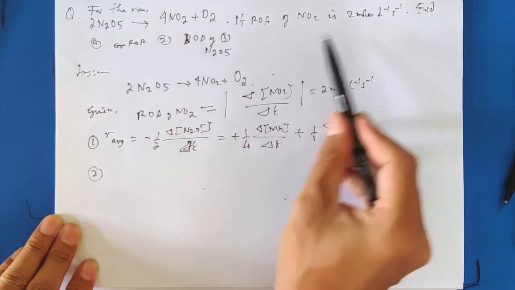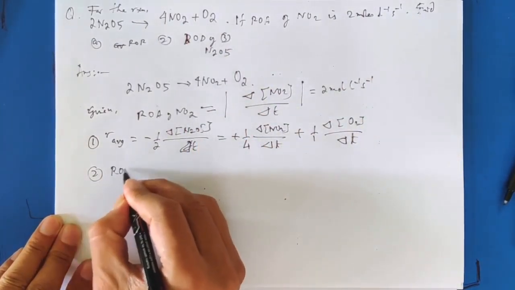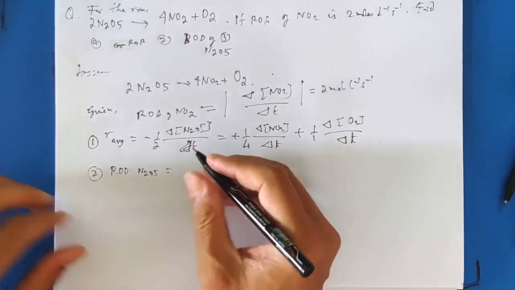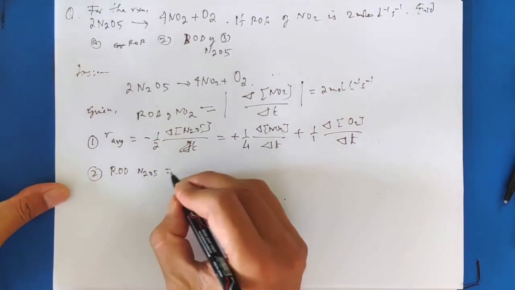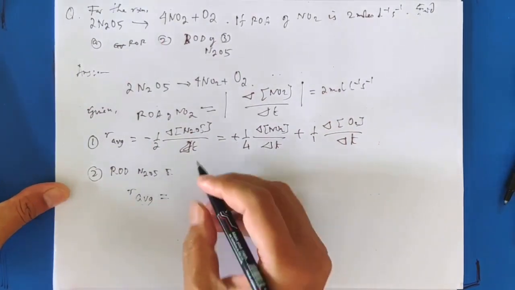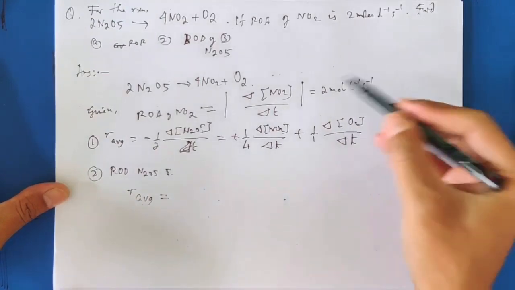Rate of disappearance, question number 2. Rate of disappearance of N2O5. So the average rate is equal to minus half modulus del N2O5 del T. Okay, so this is over here.